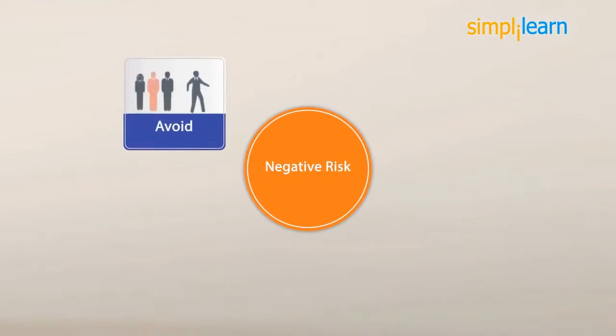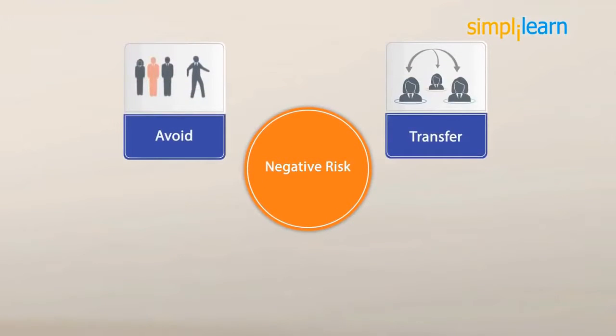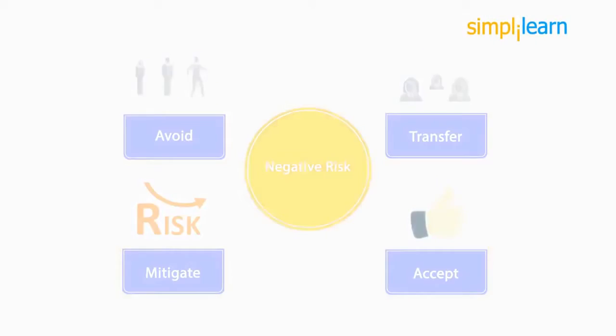Also remember that there are several strategies for responding to negative risks: avoid, transfer, mitigate, or accept. Risk avoidance involves eliminating the risk altogether by taking a different approach. Risk transfer occurs when the project decides to transfer the risk to a third party or by purchasing insurance.